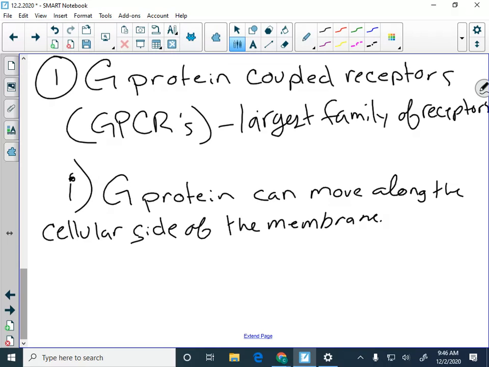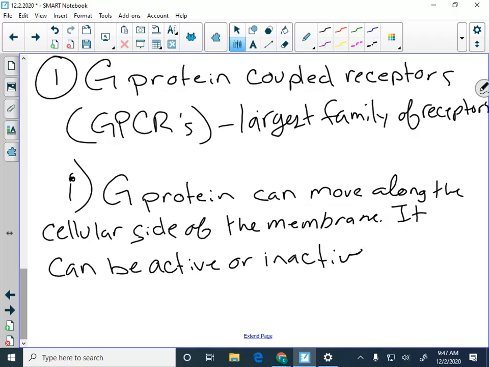And it can be active or inactive, and that all depends on whether or not it is bound to a GTP or GDP molecule.